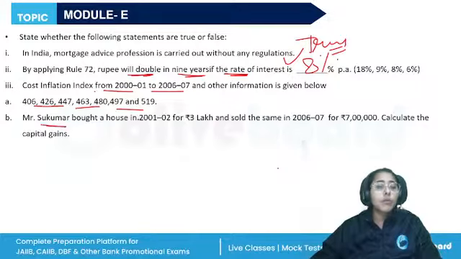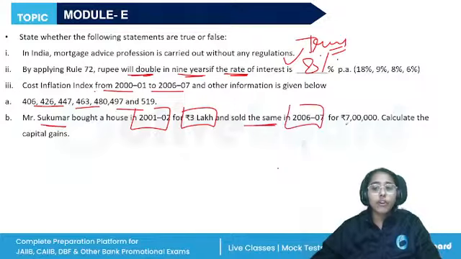Second, Mr. Sukumar bought a house in 2001-2 for rupees 3 lakhs and sold the same in 2006-7 for 7 lakhs. Calculate the capital gains.